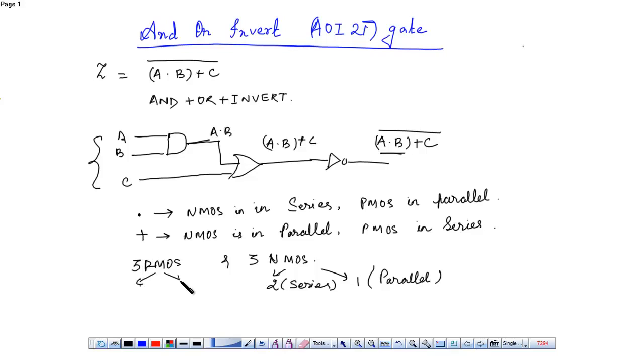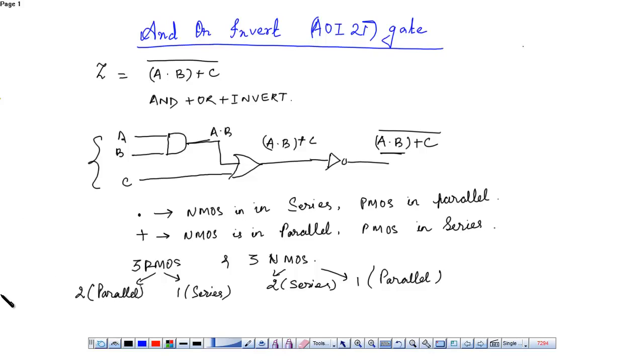Out of these PMOS, we have 2 in parallel and 1 in series.